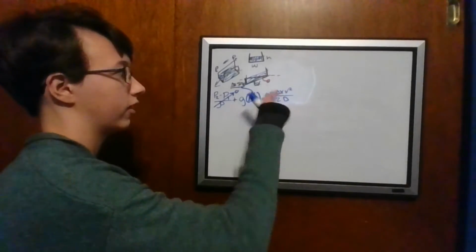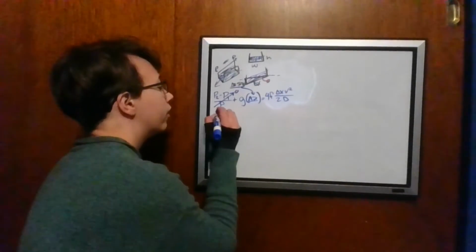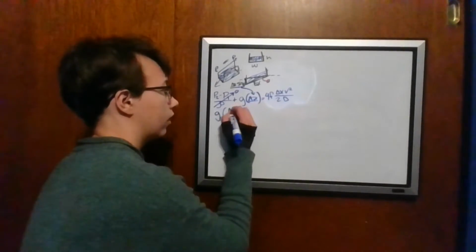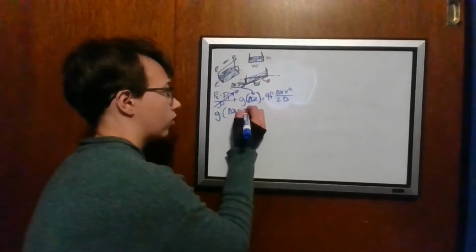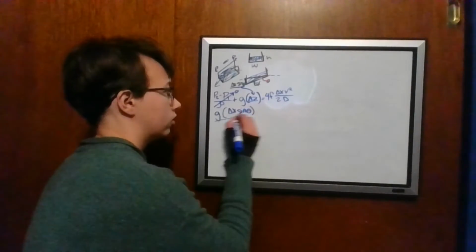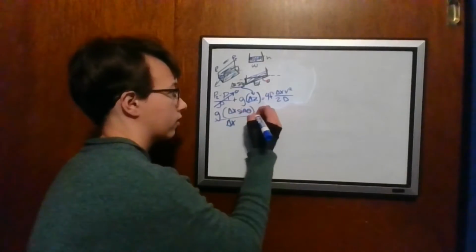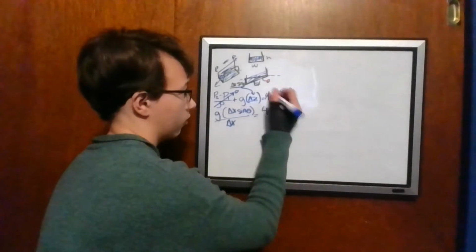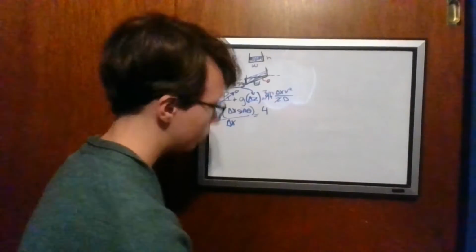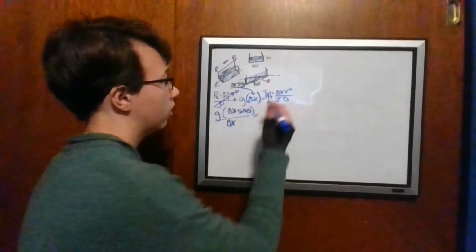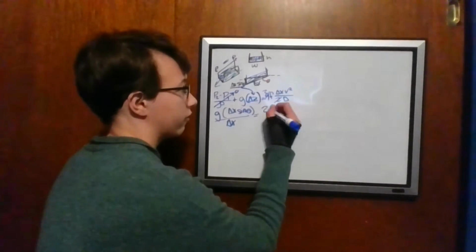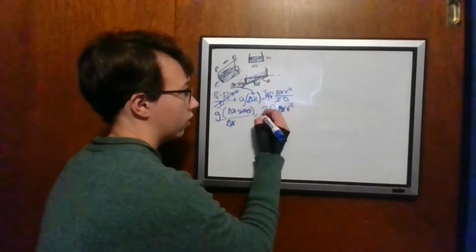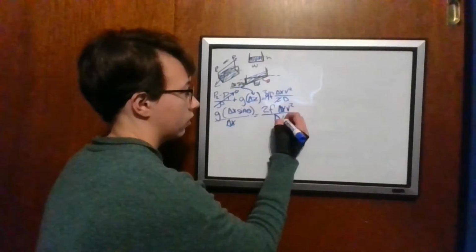And then we can divide everything by delta x. So we're going to have that g times delta x sine theta over delta x is equal to 4, or we can cancel this and just have 2 there, so 2 times the Fanning friction factor times delta x v squared over d delta x.